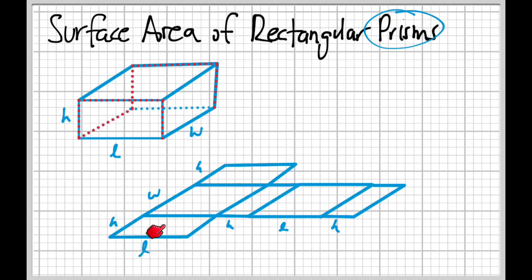So this first one is going to be height times length, right? Height times length, L times H, right? And this one up here is also length times height, right? The area, to find a rectangle, you just multiply the 2 edges. And obviously this is a 3-dimensional rendering here.